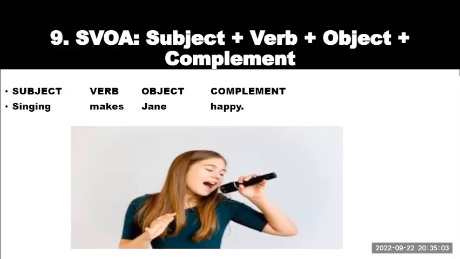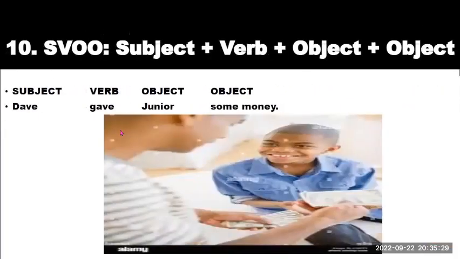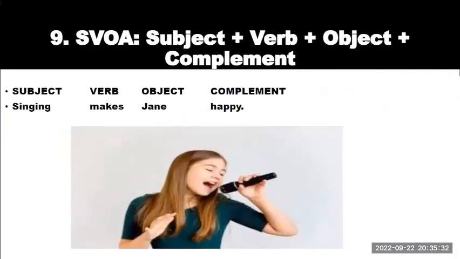Jane is the one made happy, and happy is the complement. Happy is what completes the meaning of the object. This is what we call the object complement. And a complement always completes the meaning of a sentence. When we stop somewhere, then there is something else needed to complete the meaning, especially when a relevant question arises.